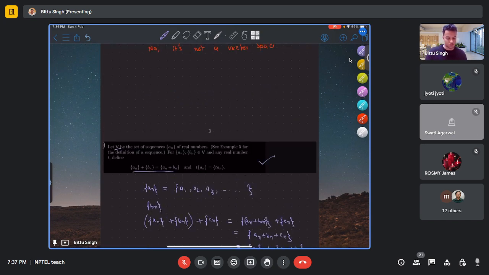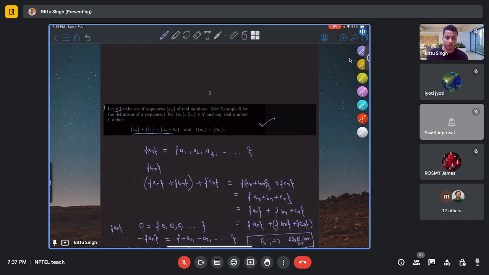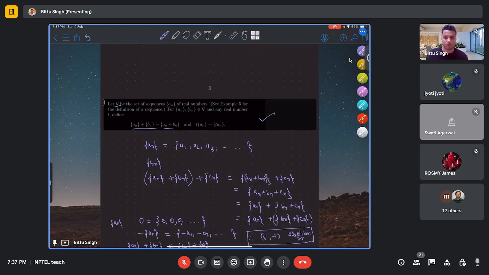So it is true. Is it clear, everyone? Yes, sir. So sequences with pointwise addition and pointwise multiplication form a vector space. All the checks are similar to the real numbers up to the power n.